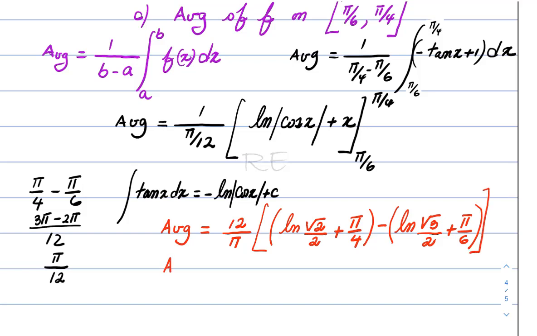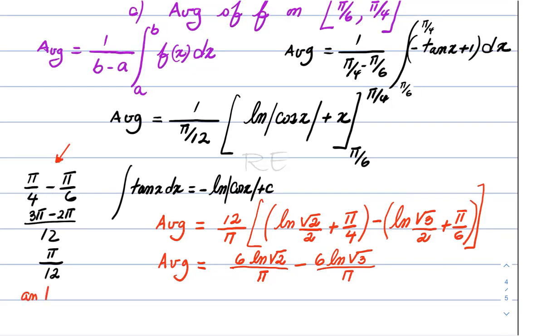We just need to simplify. 12 over pi times ln square root of 2 over 2 will be 6 ln 2 over pi. 12 over pi times negative ln square root of 3 over 2 will be negative 6 ln 3 over pi.